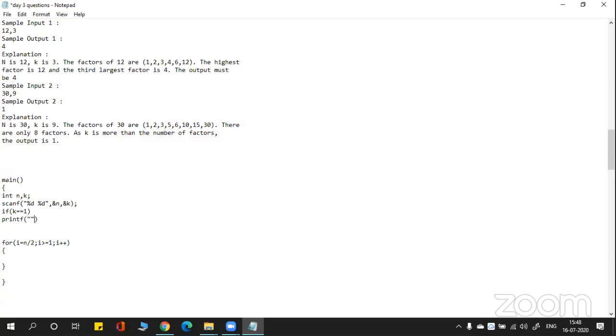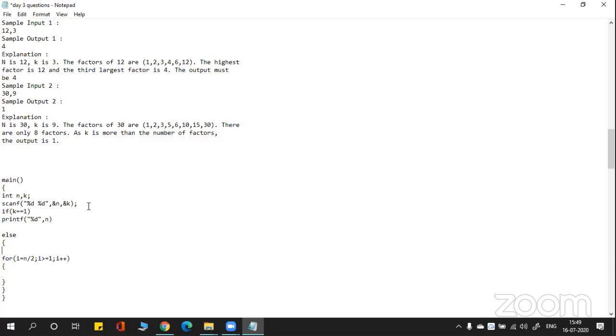Actually, we need not do any process. Whenever your k is equal to 1, directly print this n value. Highest factor will be the same number, right? So directly I'm writing: if k is equal to 1, print n value. Else, come to this part. If k is not equal to 1, then only enter into this loop.